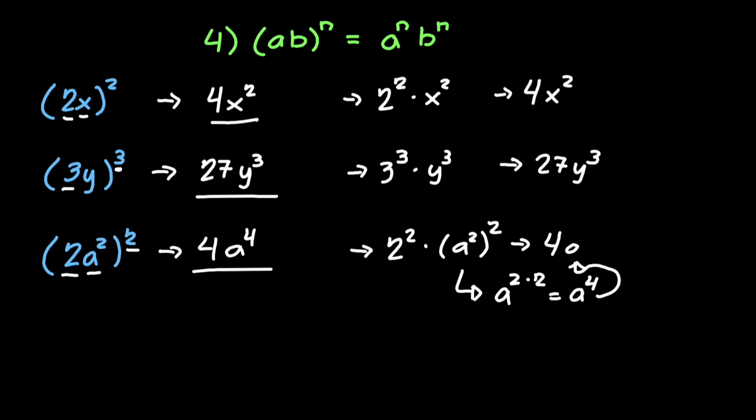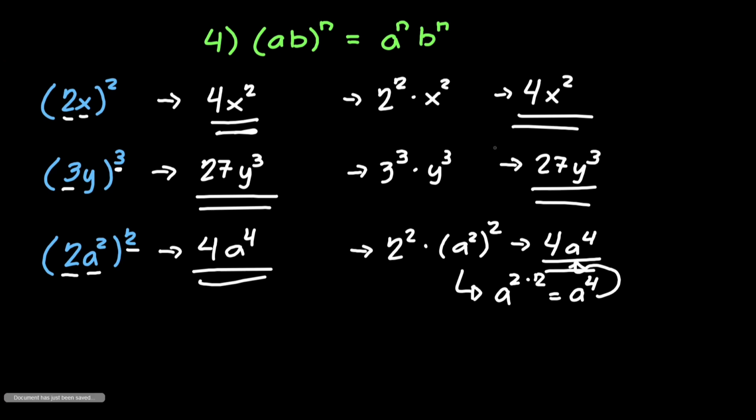So it would be 4a raised to the power of 4. As you can see, this has the same answers as this. So yeah, it's just another way to simply solve this.